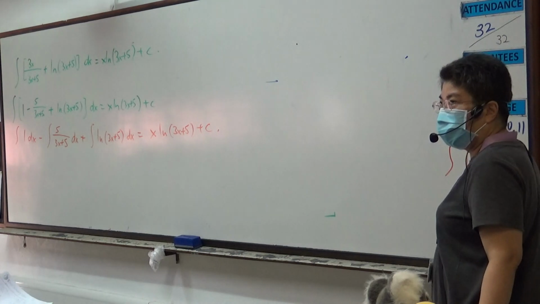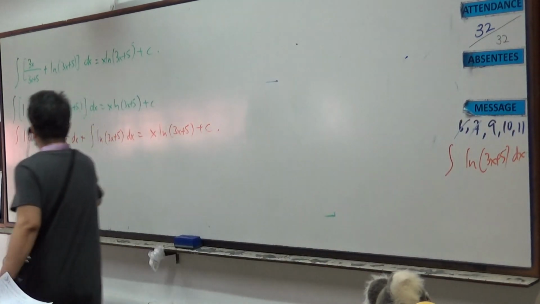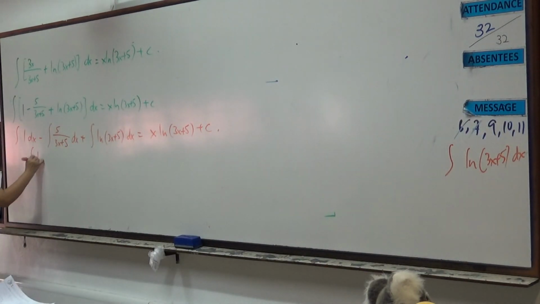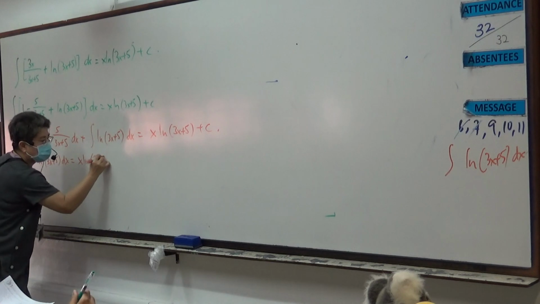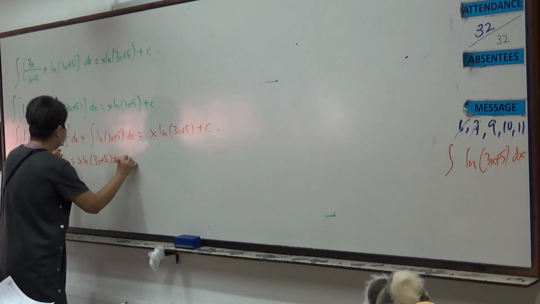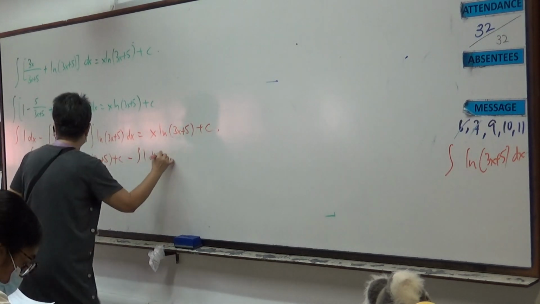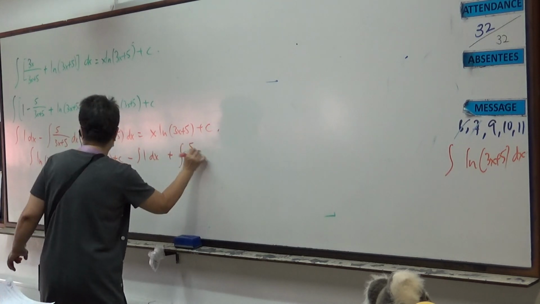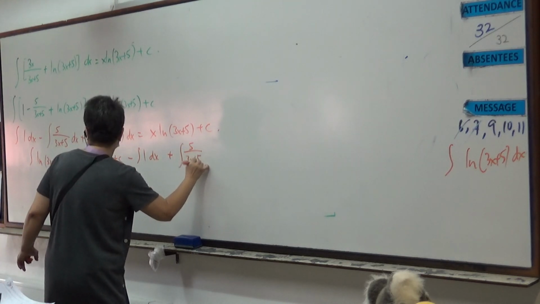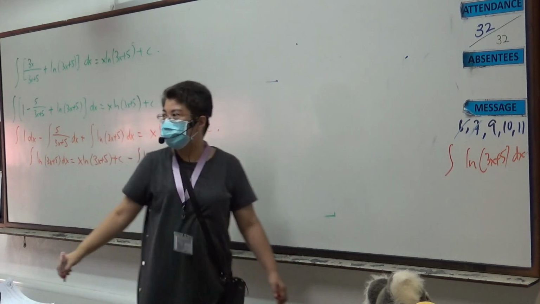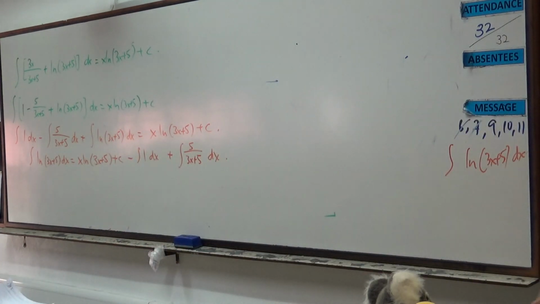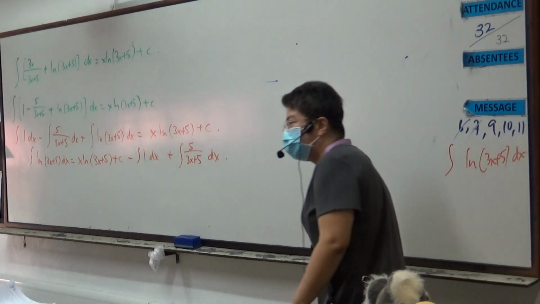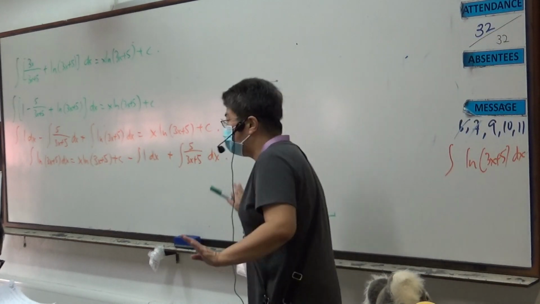This guy. Okay, this guy stays here. Minus integrate 1 plus integrate 5 over 3x plus 5, right? Everybody okay so far? And you see, I'm just doing simple algebra here.